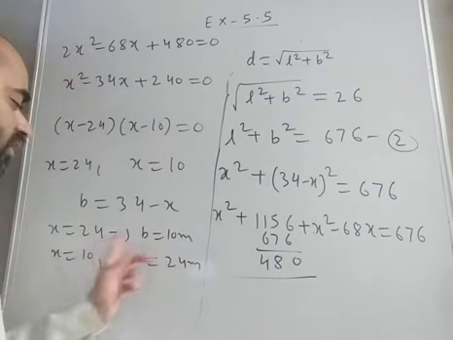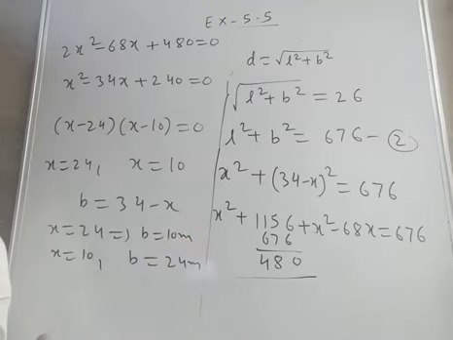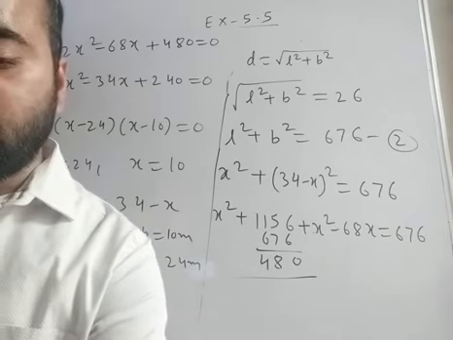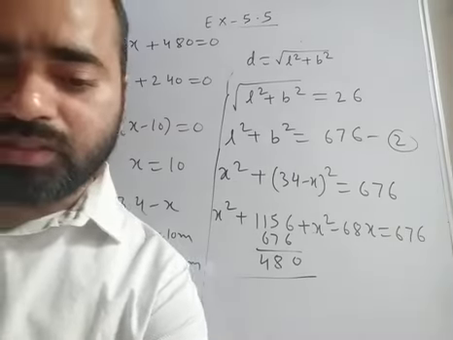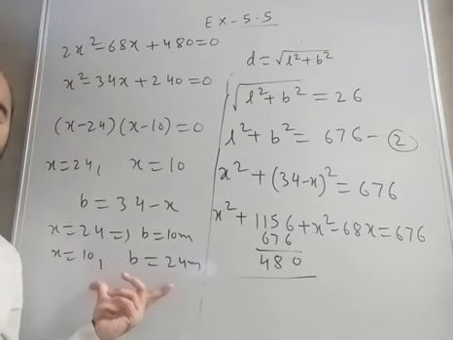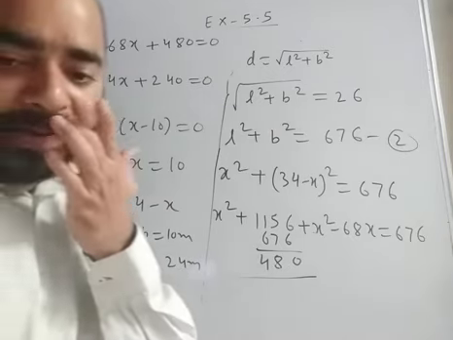It means in both cases area will be 24 into 10, that is 240 meter square. Clear? Area will be length into breadth, 240 meter square. Correct?